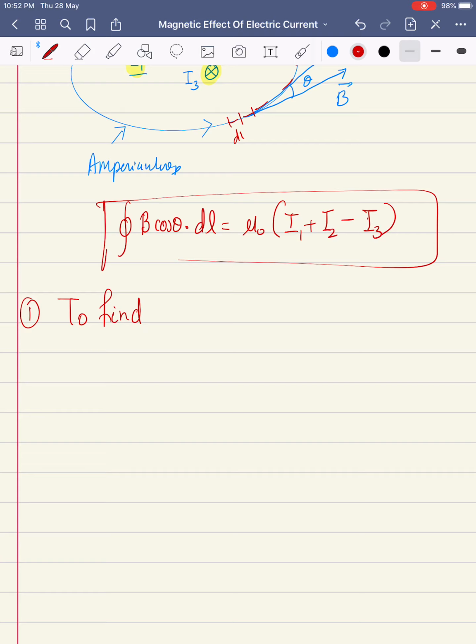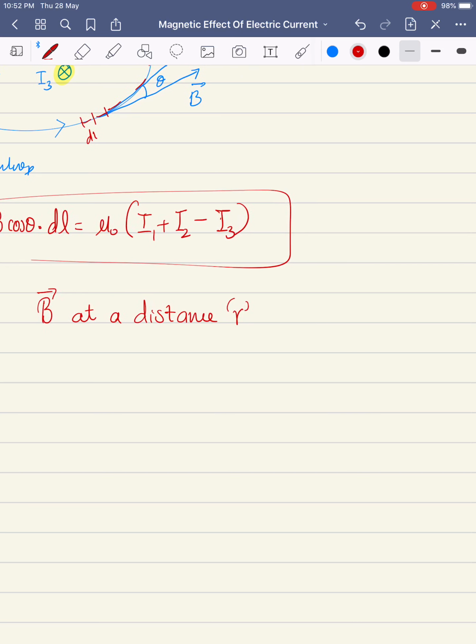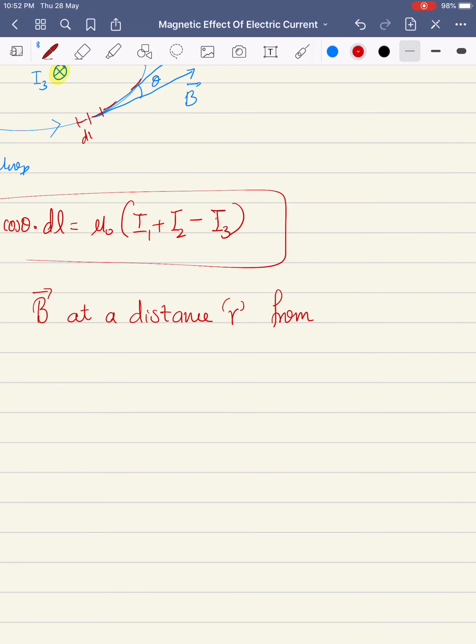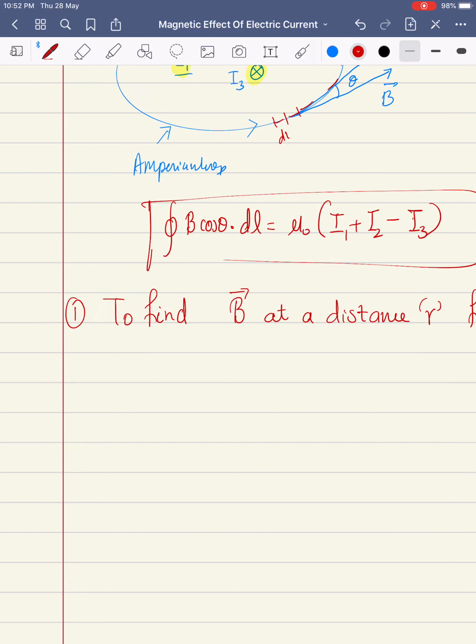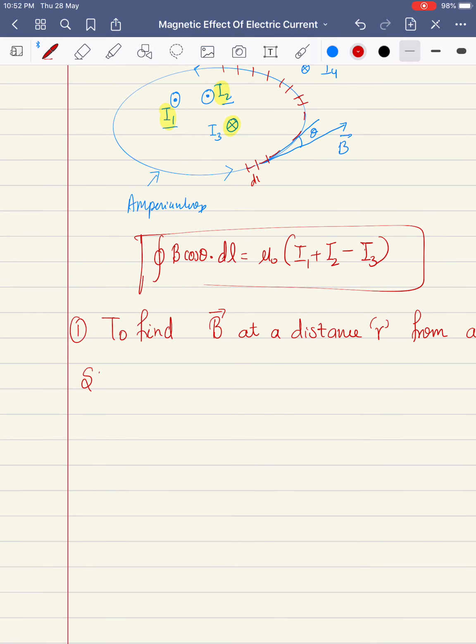that is, to find the magnetic field at a distance r from a long straight wire carrying current.